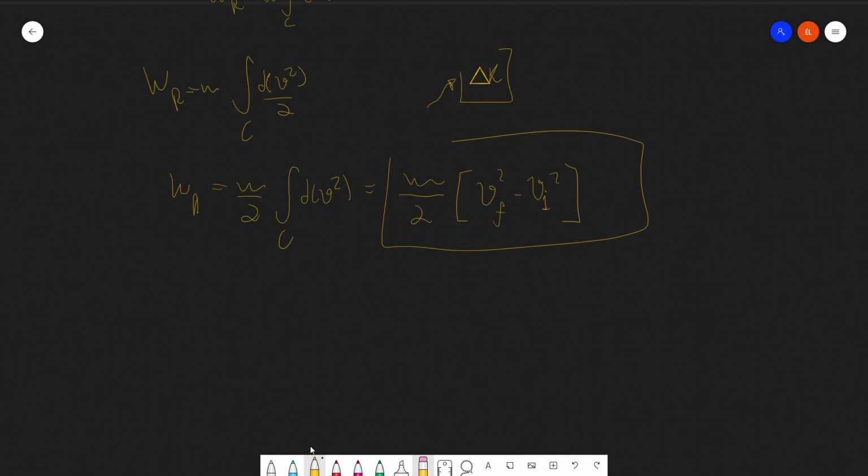So you know that you can conserve energy, you can, quote unquote, create a new form of energy to balance the energy conservation on a ball falling. Because while the ball is gaining kinetic energy, it's losing something else, right? And this thing it is losing is called potential energy.